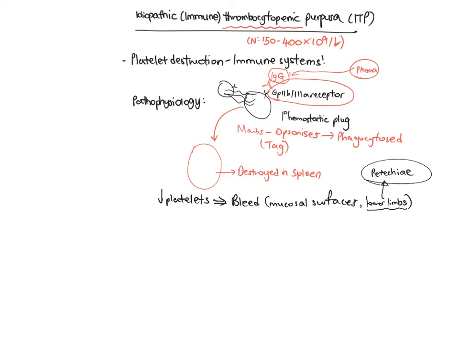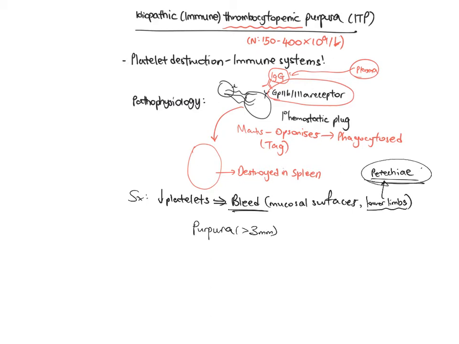In terms of the symptoms, like I mentioned before, patients tend to bleed more. They also tend to form petechiae. They can also form purpura, which are purple lesions in the skin after there's bleeding into the tissues, and it tends to be larger than 3 millimeters.